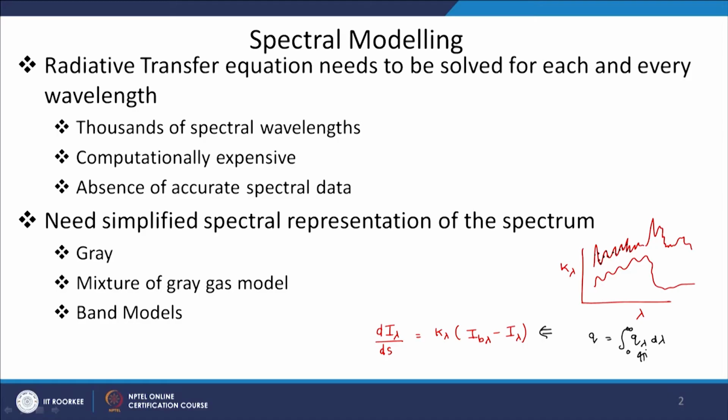In fact, in any combustion problem, if you try to solve radiation, 90% of the computational time will be consumed by the radiation calculation itself, and relatively very little time by other calculations like conservation of mass, momentum, energy and so on. So, definitely we need to do something, otherwise a chunk of time will be consumed by the radiation calculation itself.